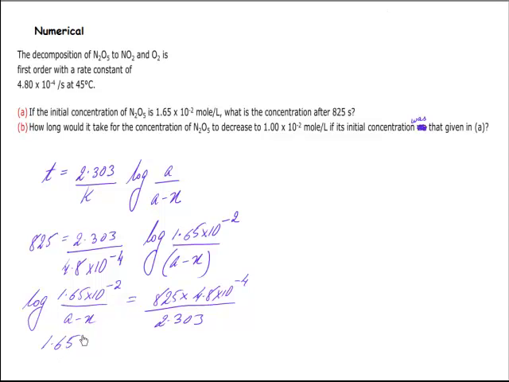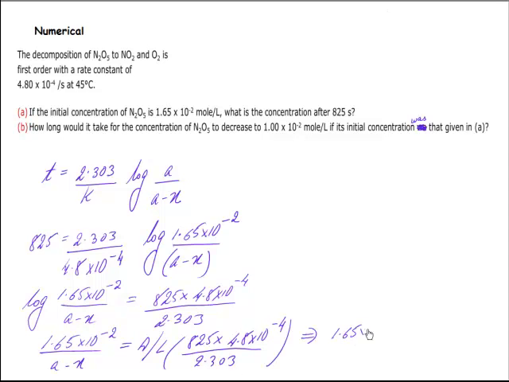So what we'll get is 1.65 into 10 to the power minus 2 upon A minus X is equal to anti-log of 825 into 4.8 into 10 to the power minus 4 divided by 2.303.